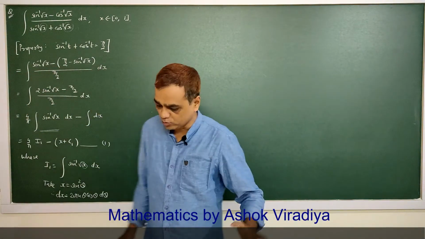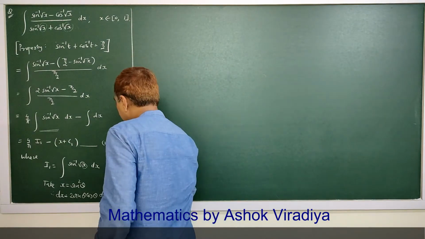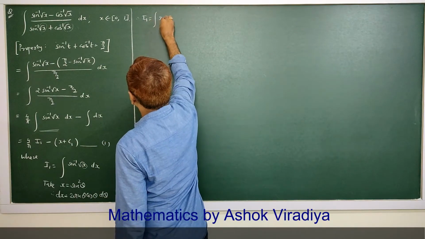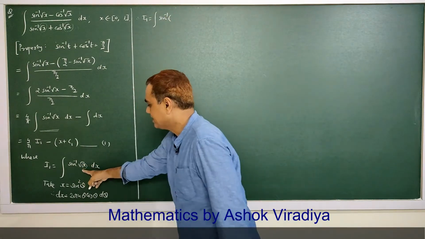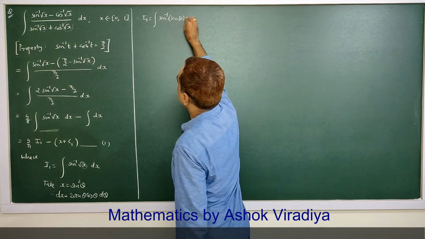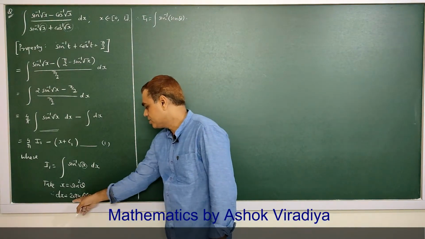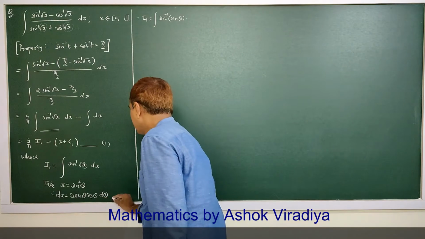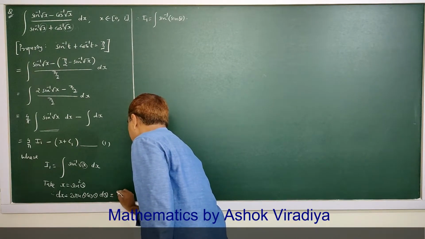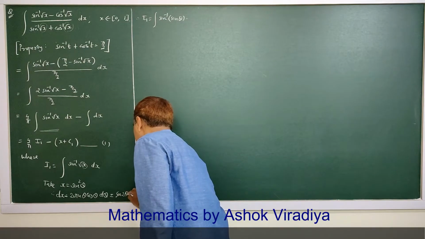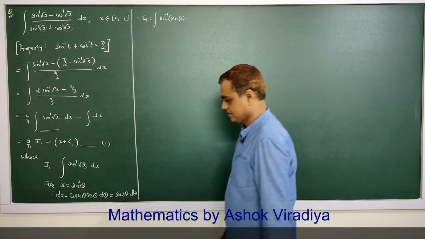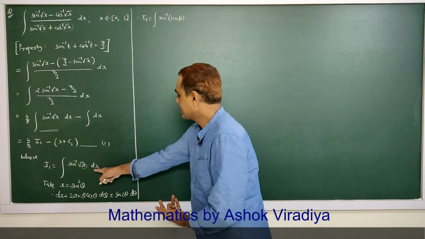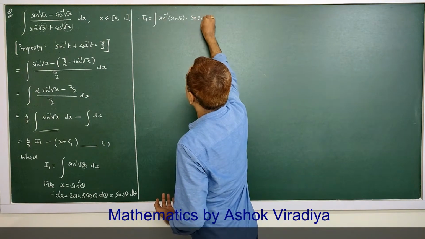So putting these values, I1 is sine inverse of sine theta, and dx is 2 sine theta cos theta, which can be written as sine 2 theta d theta.